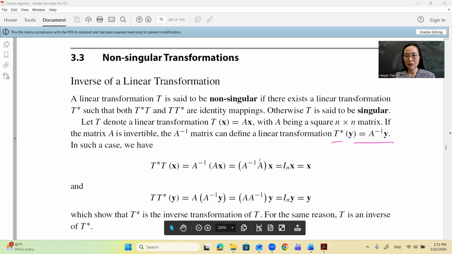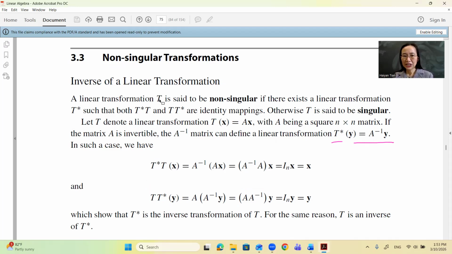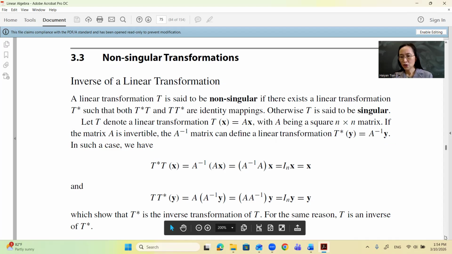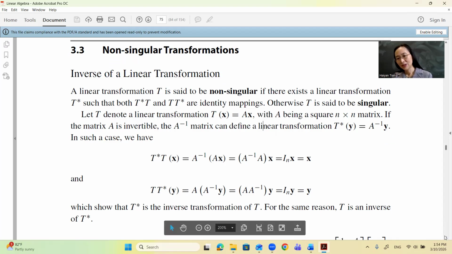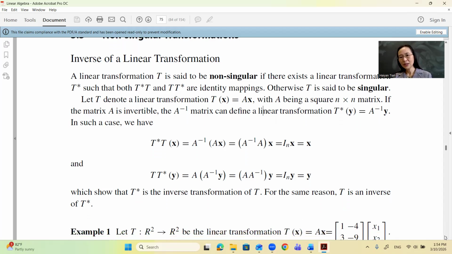Okay, so we know now for a linear transformation T, which is defined by A, its inverse transformation exists, which is defined by A inverse. And we denote the inverse by this here. So sometimes you can just simply put T with a -1 on the upper right corner to denote T star. So they're the same meaning.